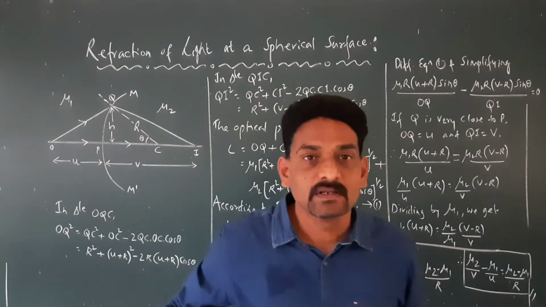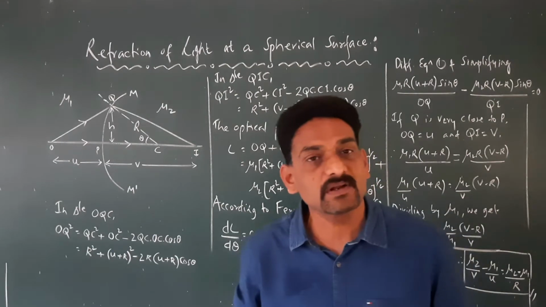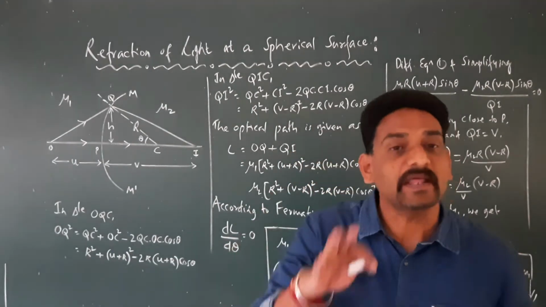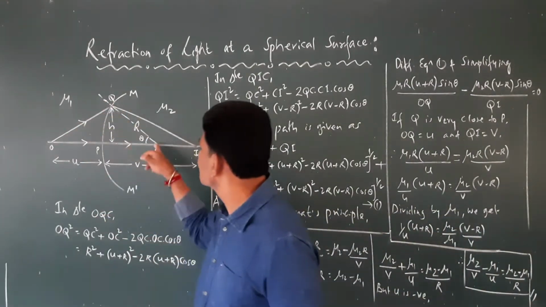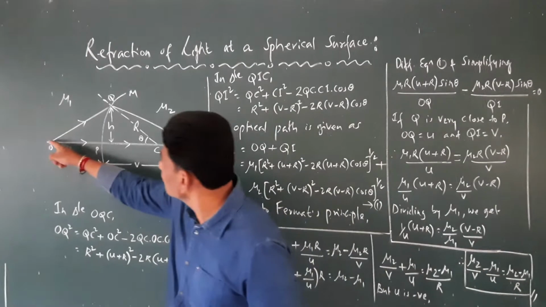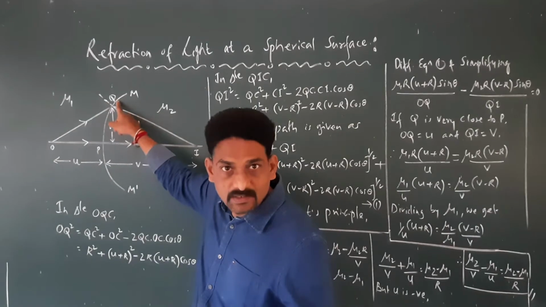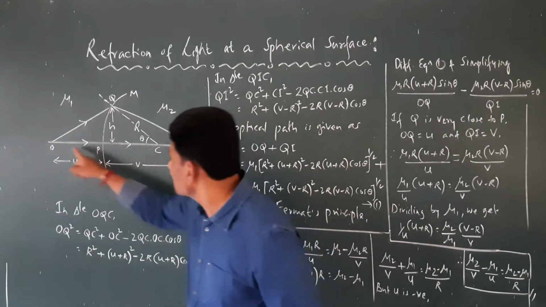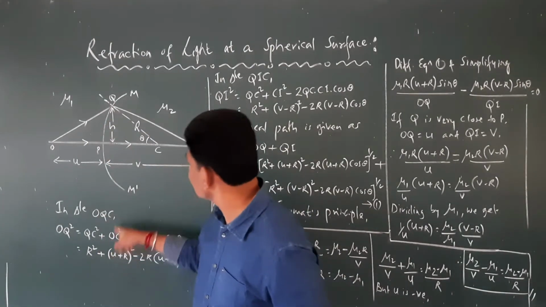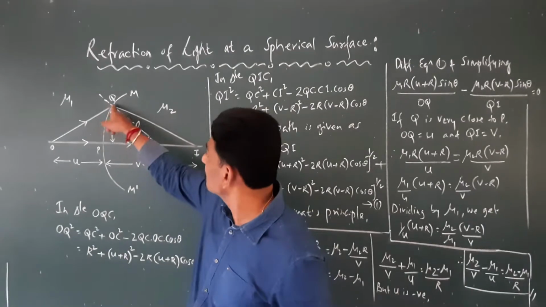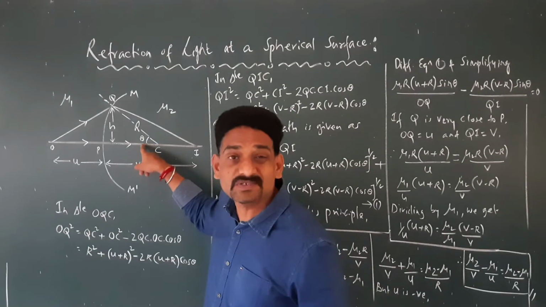Now how do we get this? This we are obtaining as per the direction cosines. In mathematics we have what are called direction cosines. If you apply the direction cosines for the triangle OQC, we get this distance OQ. So OQ square is going to be the square of this distance plus the square of this distance, minus 2 into this distance into this distance into the angle between them, that is cos theta.